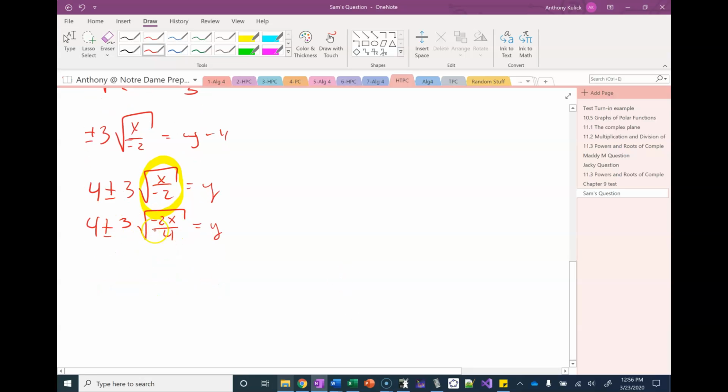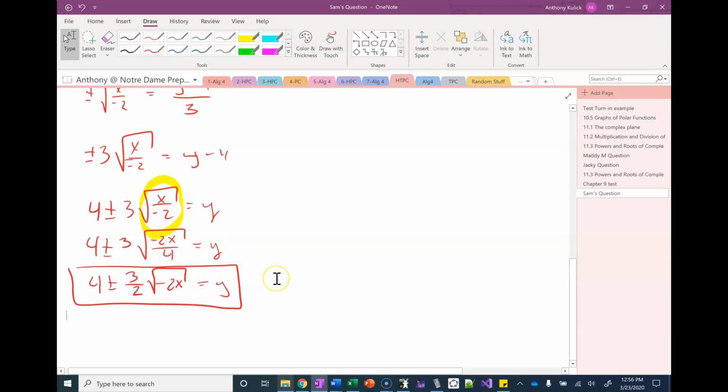And then we notice that the square root of 4 is just 2, so that 2 is going to come out in the denominator. And there's the answer that matches our answer key.